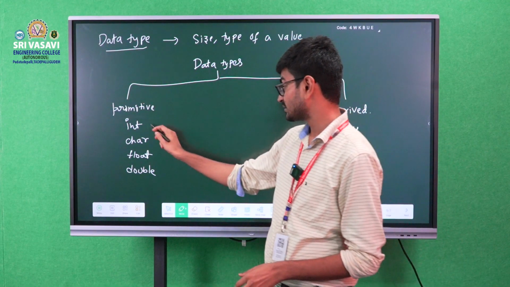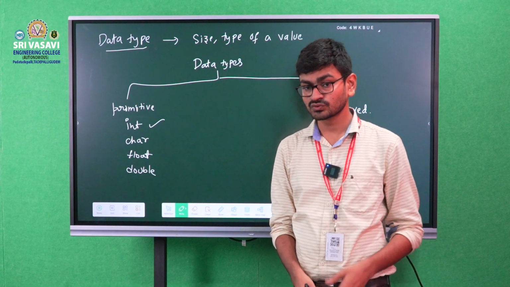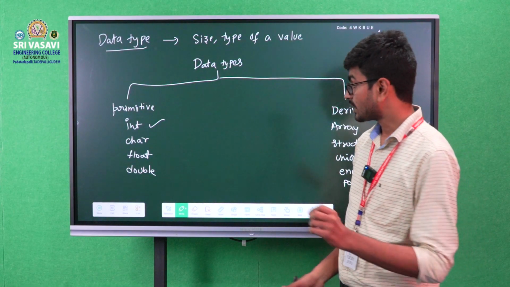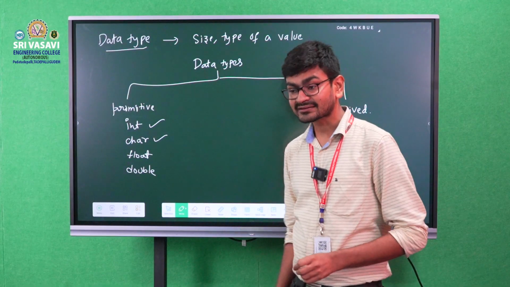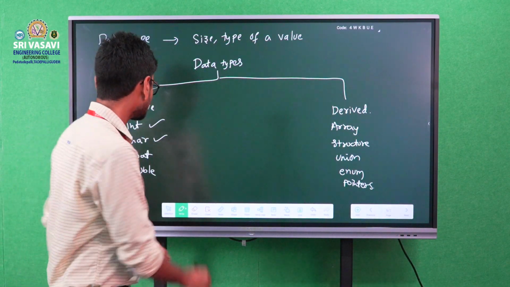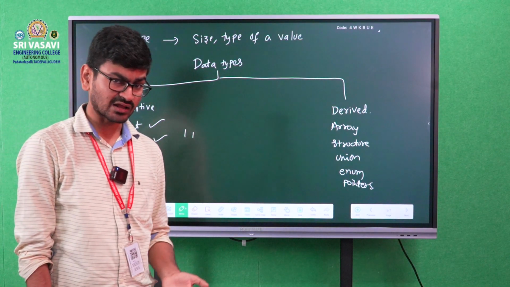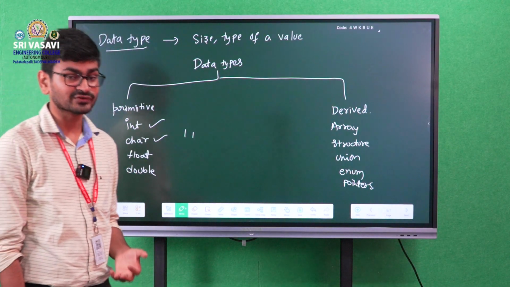One is integer, that means we can store positive, negative and 0 as part of integers. Then character. A character is a single alphanumeric symbol which is enclosed in single quotes. Generally we can store symbols as well as part of characters.